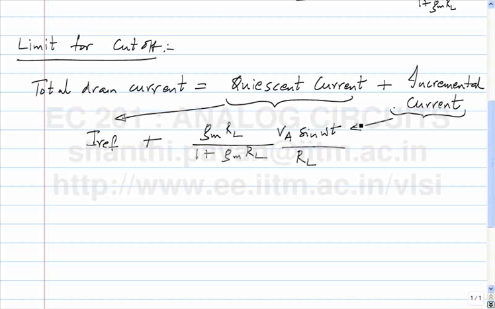What is the limit for cutoff? How would I figure out now the limit for cutoff? When the total drain current in the transistor goes to 0, that's when the transistor is off. What does that mean?